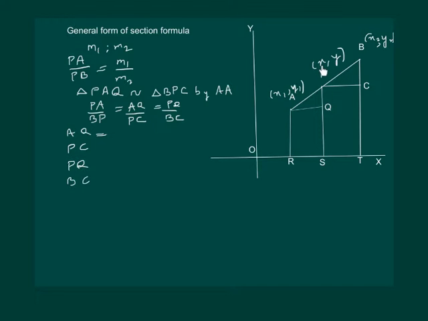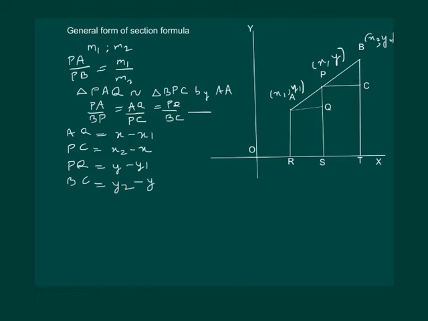So x on the x-axis and OR will be x1, so it comes out to be x minus x1. Similarly, PC will be x2 minus x, PQ will be y minus y1 and BC will be y2 minus y.